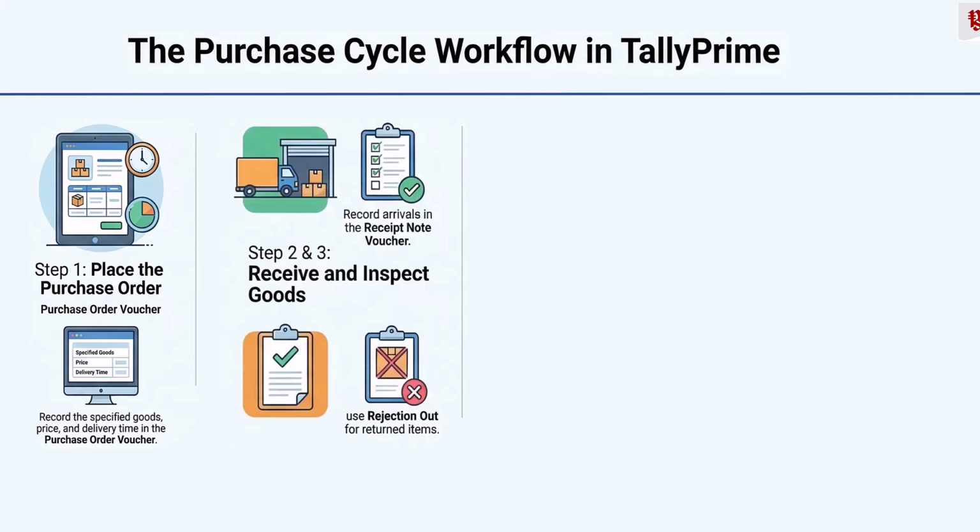Step 2 is receipt of goods and recording the proof of goods received through a receipt note, also known as GRN, goods receipt note. Step 3 is QC, quality control, and the rejection of goods in the event of defects or non-conformance with the PO. The rejection of goods is captured in the document titled Rejection Out.